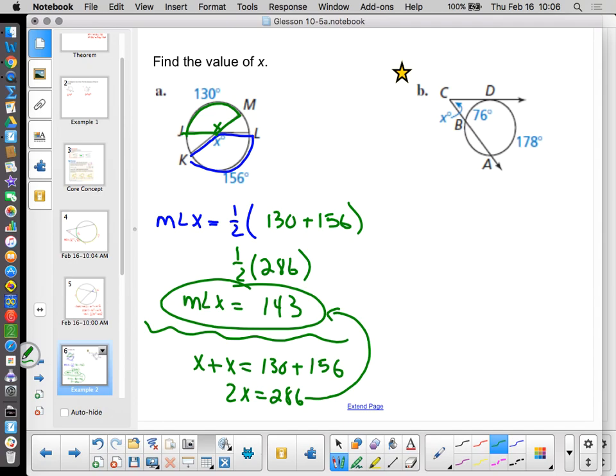So again, either angle plus angle equals arc plus arc inside, or the measure of the angle is half the sum of the arcs. For an exterior angle, we use essentially the same formula, but we change this from a sum to a difference. We have to do bigger minus smaller. So I'm going to let you try B on your own.